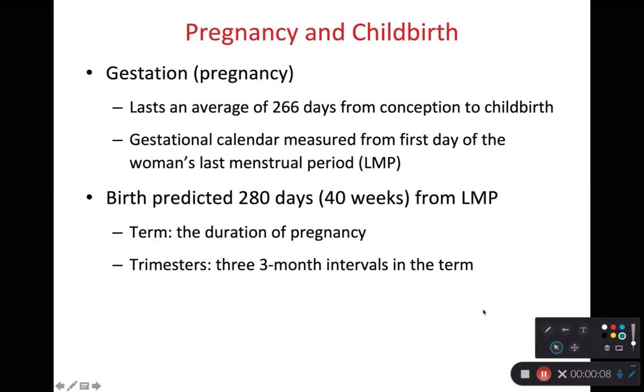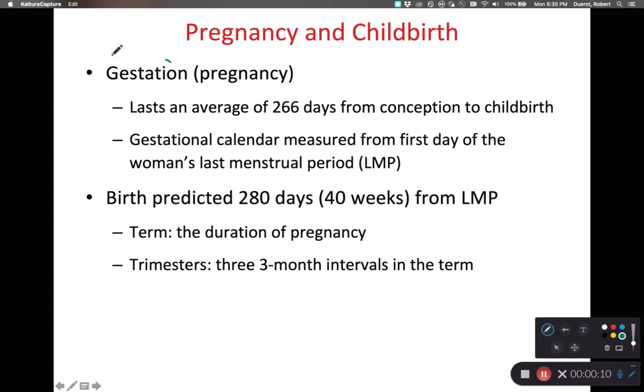As we look at pregnancy, pregnancy is also known as gestation technically. And as we measure pregnancy, most people say 9 months. In terms of an average, it's 266 days from the point of conception until the point of birth.